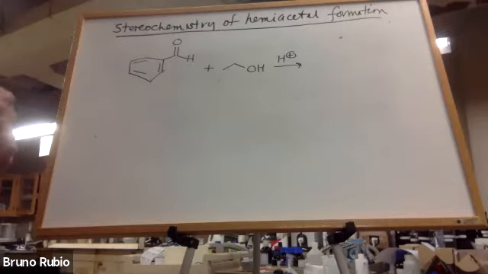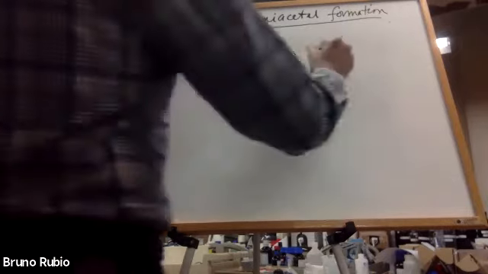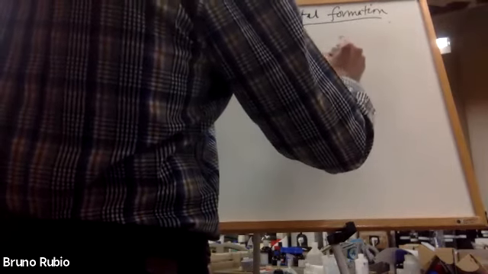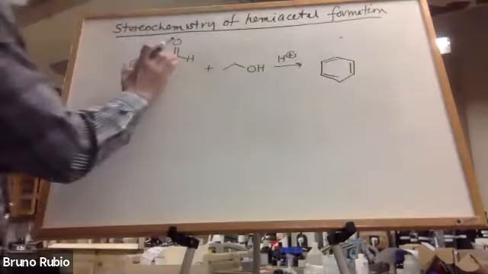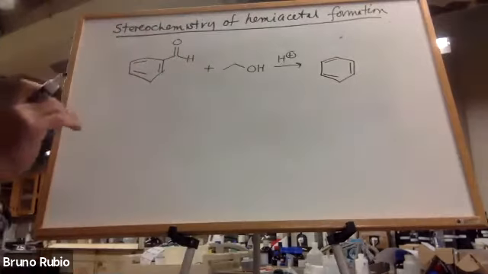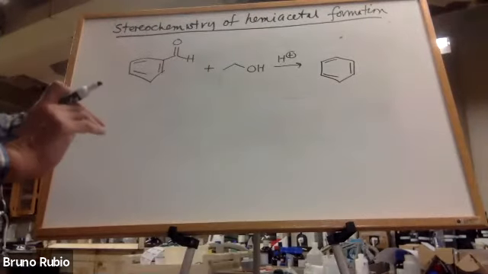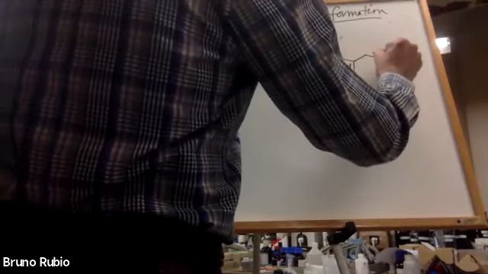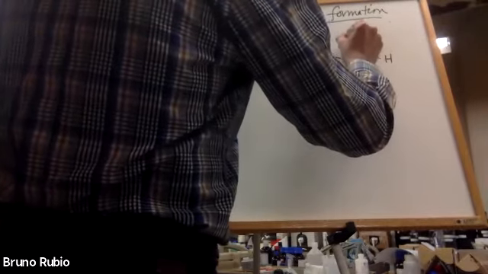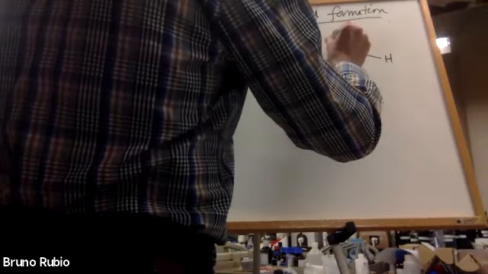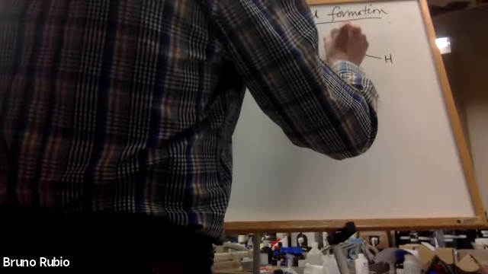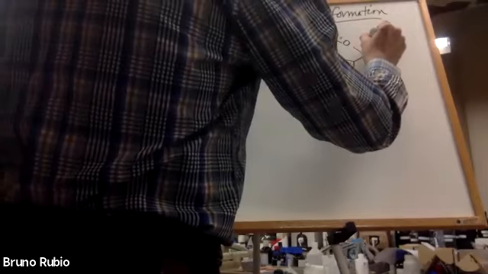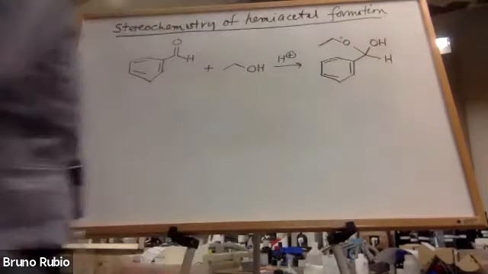Oh, I think you're going to get enantiomers because this carbonyl doesn't have a more hindered side or a less hindered side. The nucleophile can come in from the front and from the back with equal probability. 50% of the time, the nucleophile is going to come in from the front. And 50% of the time, the nucleophile is going to come in from the back.